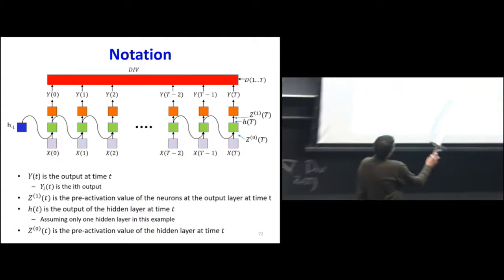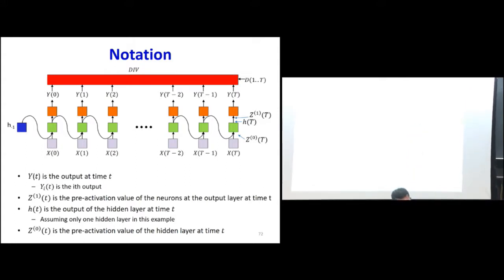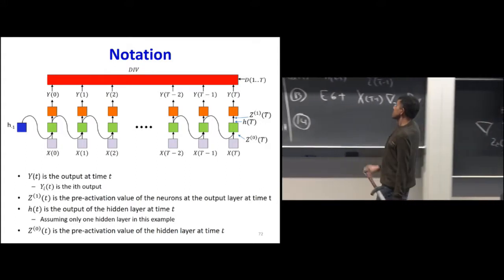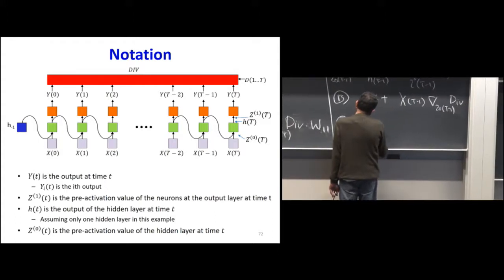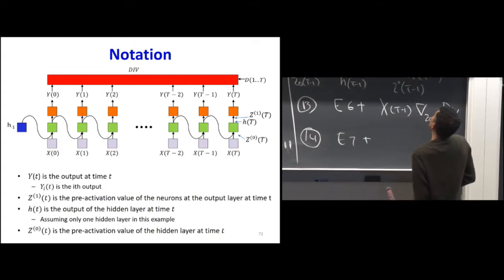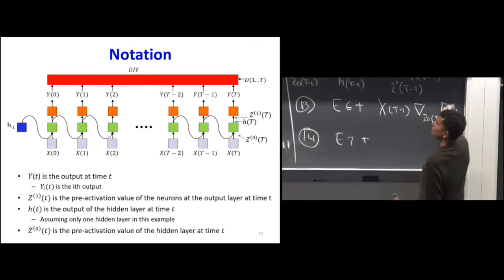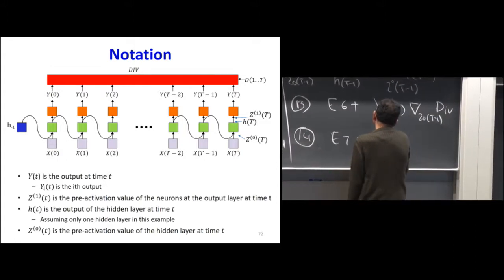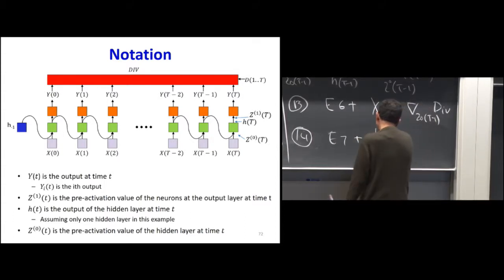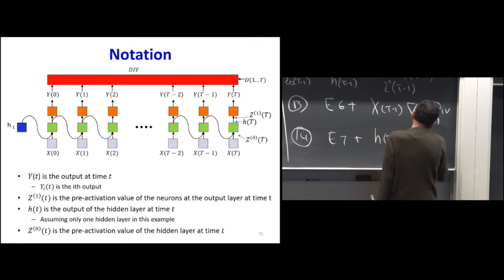I've come here. What would that derivative be? Equation 7 plus h of t minus 2 times the derivative of the divergence with respect to z0 of t minus 1.